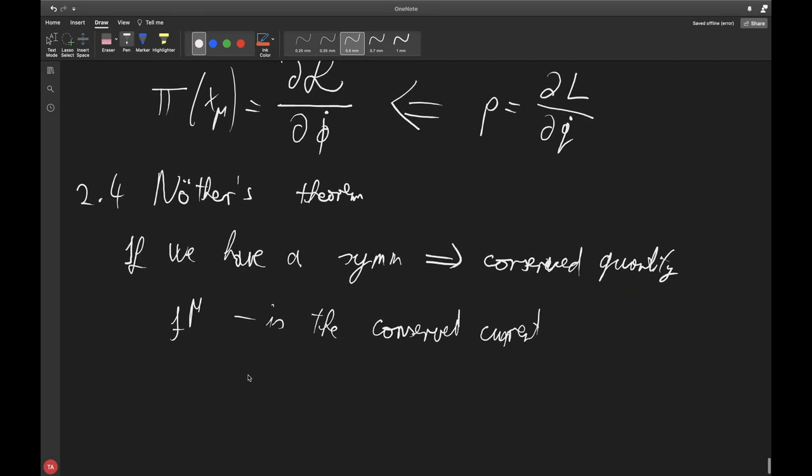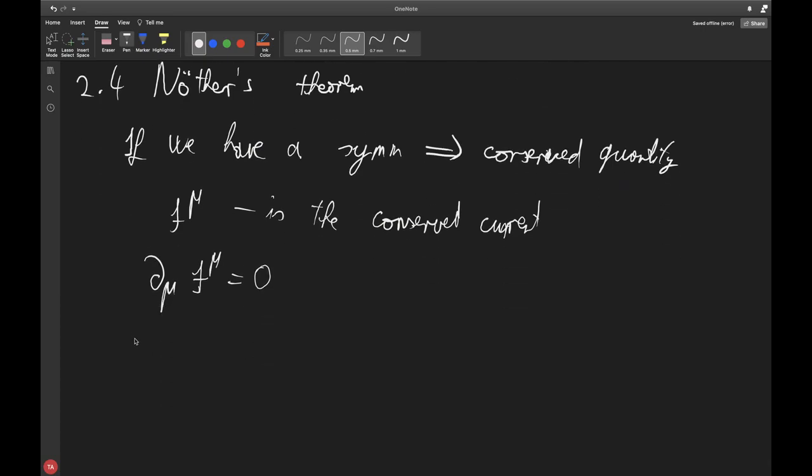Mathematically speaking, if a current is conserved, that means that it has no source or no sink. So if we take the divergence of that, so if we take the derivative of this J mu, then that leads to 0.